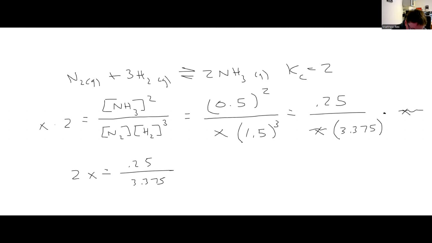I could take 0.25 divided by 3.375 and get 0.074. Divide both sides by 2, and X equals 0.037. All right.